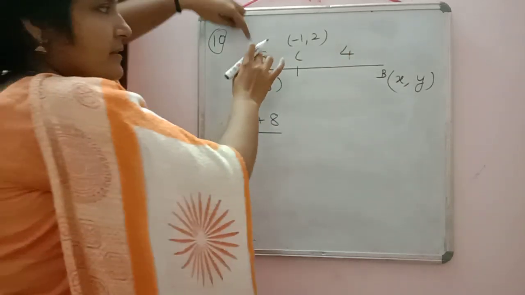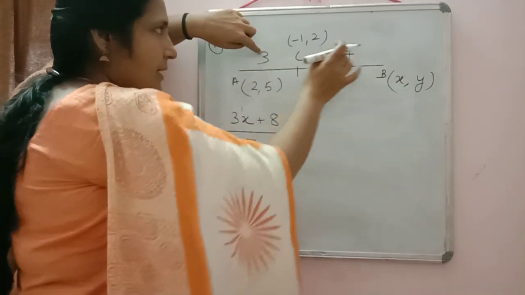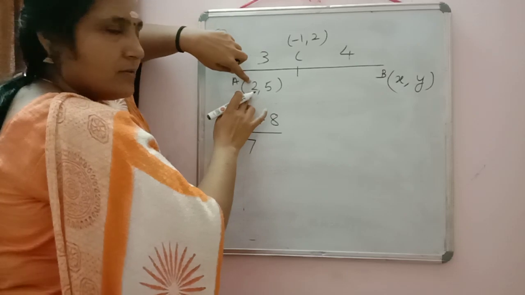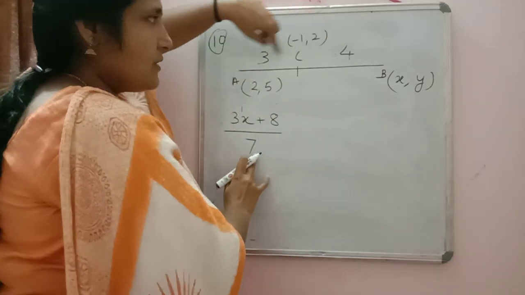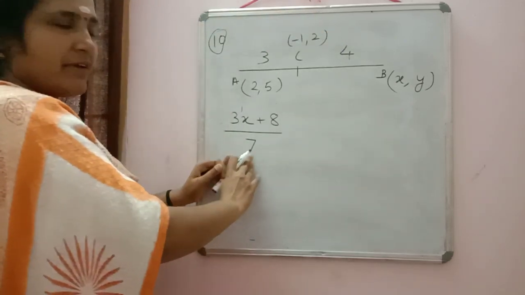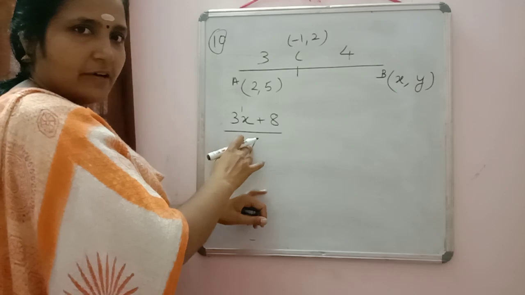Clear? 3 multiplied by x, 3x, plus 4 multiplied by 2. So 4 twos are 8, by m1 plus m2, 3 plus 4 is equal to 7.